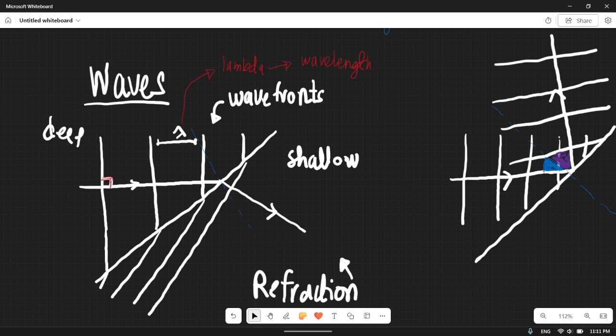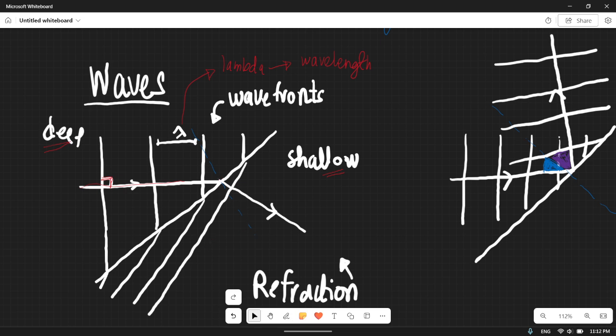So now when you're moving from deep water to shallow water, your ripples or your wavefronts are going to move towards the normal. Okay, so initially, let's say this wasn't there, then it would have moved like this. But because that was there, it moved towards the normal.